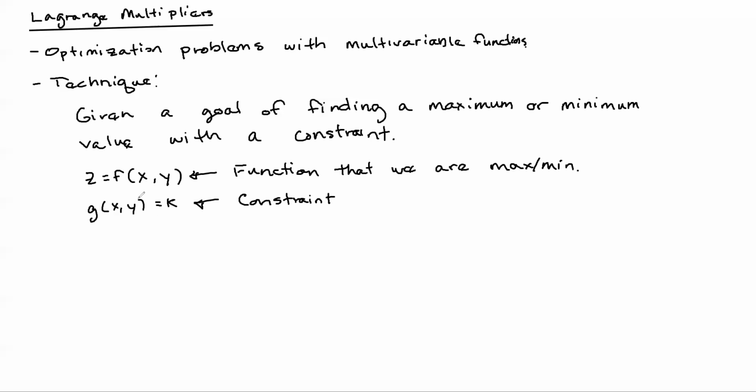You'd have to have the combinations that end up producing 10 are the only things that can actually answer the question. So you can't pick something that maximizes or minimizes f but doesn't satisfy the constraint. The constraint has to be satisfied. It's a limitation that is placed upon the solutions.